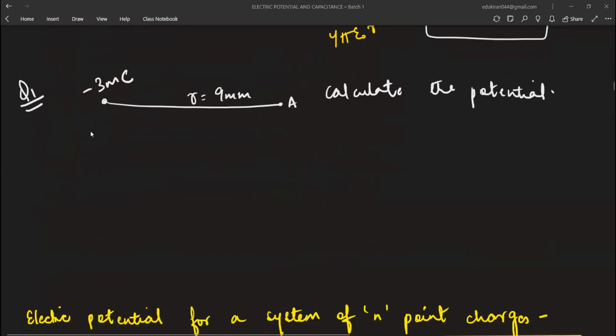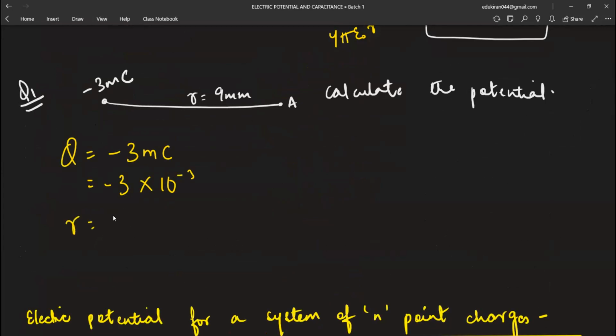See class, like in this question, we have the charge as minus 3 millicoulomb, means minus 3 into 10 to the power minus 3. Now here class, you will not be ignoring the minus sign because it's a scalar quantity, right? So you need this minus sign. And what is the distance? 9 millimeters. So milli, you have to convert 9 into 10 to the power minus 3 meters.